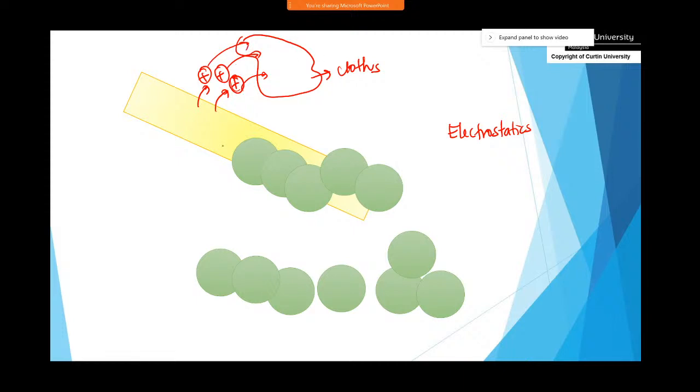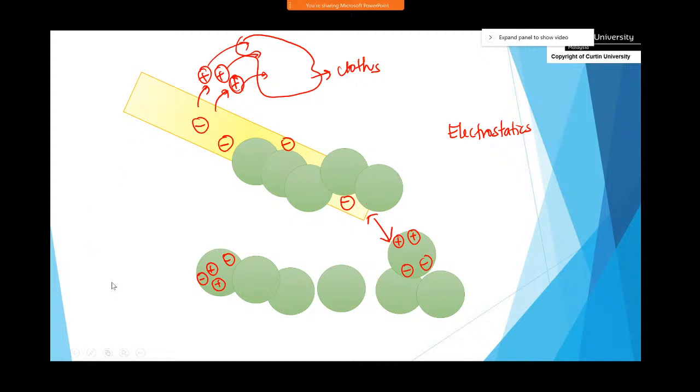So what is left is only the negative, or a majority of negative charges, on your plastic ruler. When you bring your ruler near to the paper, the paper, when neutral, has both positive and negative charge. So the positive charge will be attracted by the negative charge in your ruler. Because of this electric force, the paper will stick to the ruler.